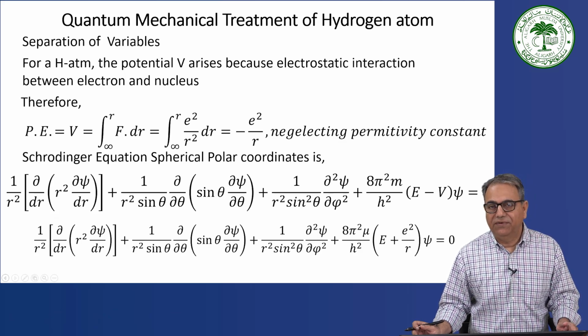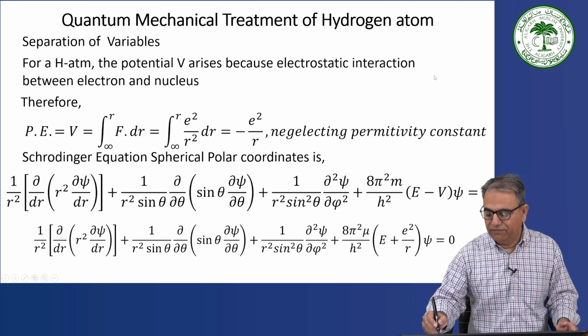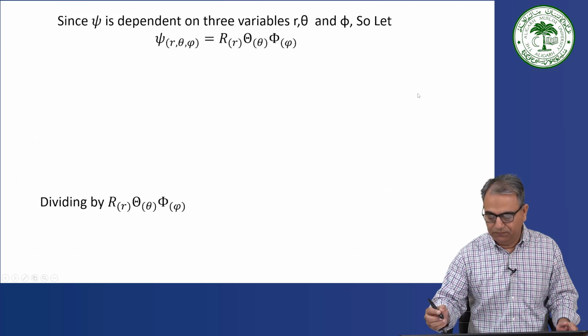The difference between the other systems and this hydrogen atom is that there is a potential energy because of the electrostatic interaction between the electron and the nucleus. You have one nucleus and one electron.